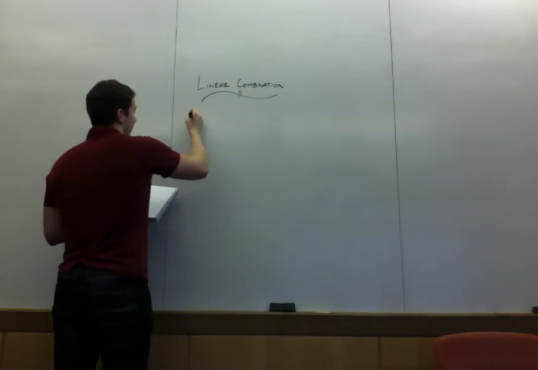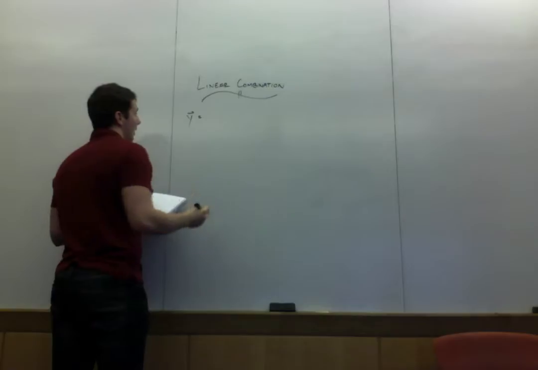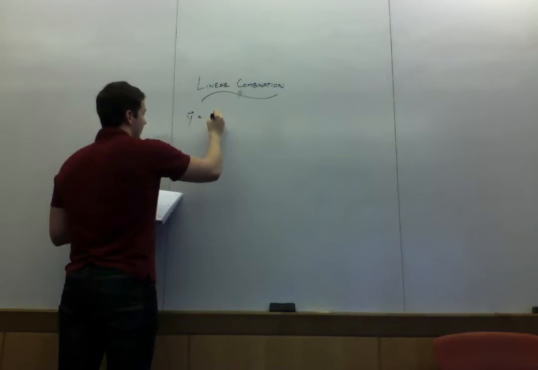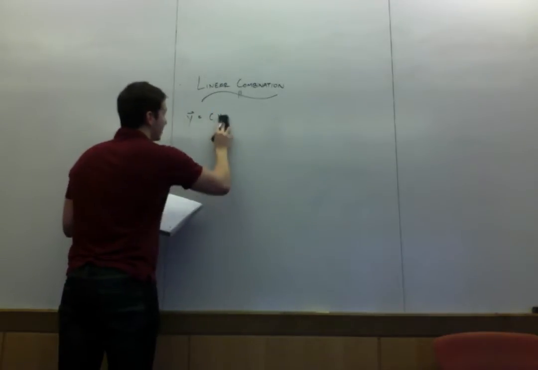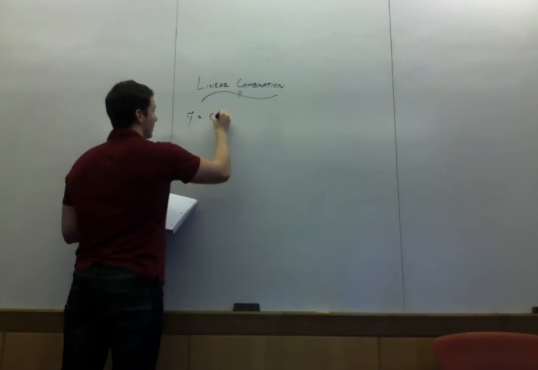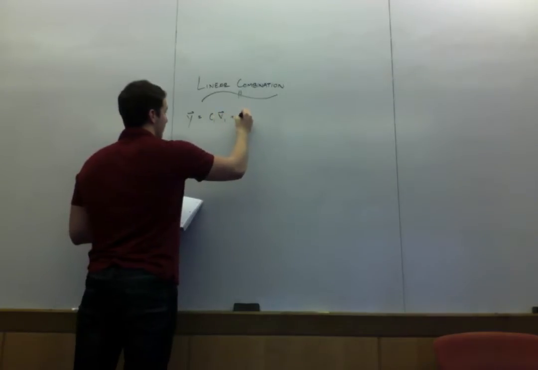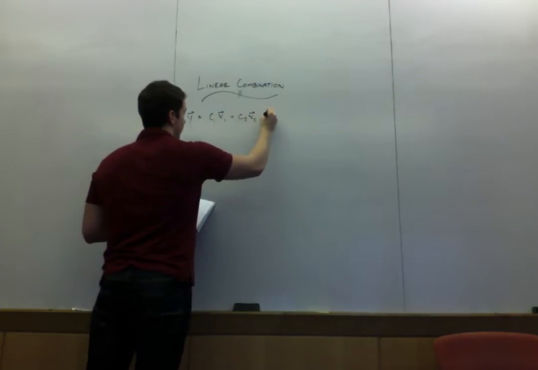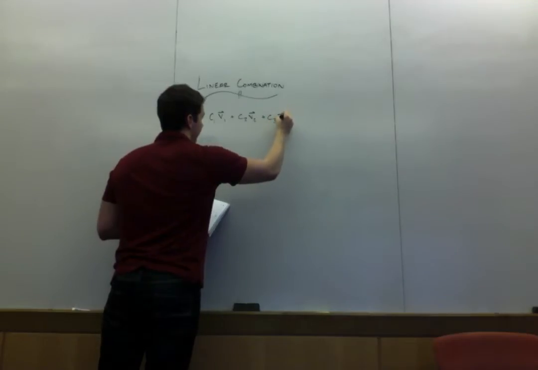So let's say we have some vector y, and it's equal to c1 v1, c2 v2, c3 v3.